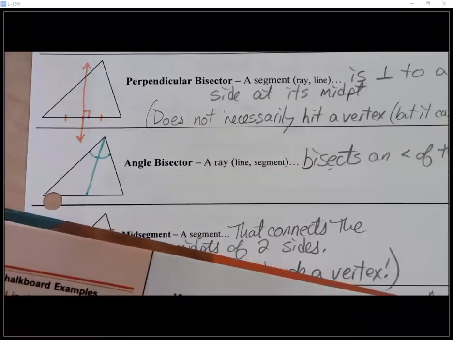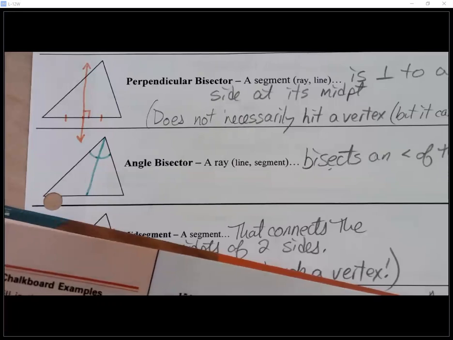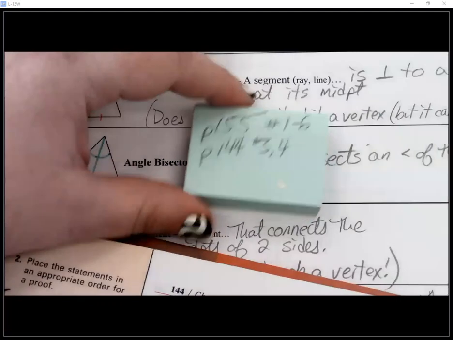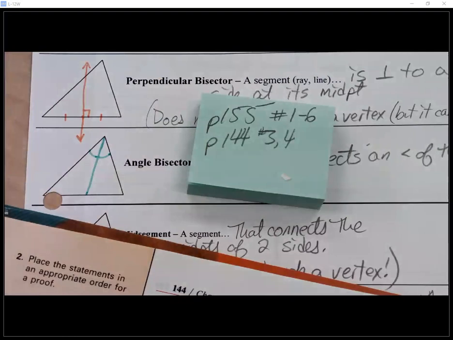So on page 155, I have you just doing numbers 1 through 6. And then for just 2 problems to do a little proof practice, page 144. I don't think we've done 3 and 4 yet. If we have, let me know. So here is the homework assignment. I have markings in my book, but I'm almost positive they're old, so I assume we have not done those 2.